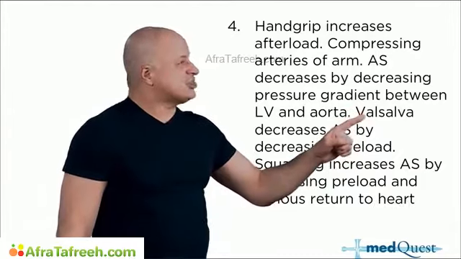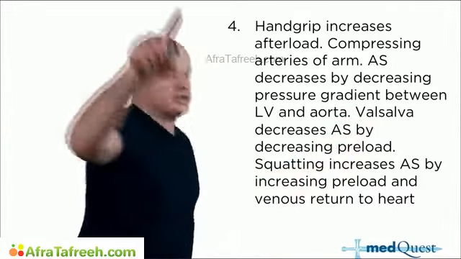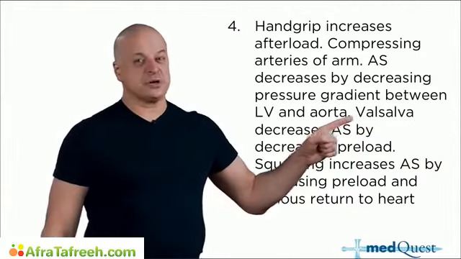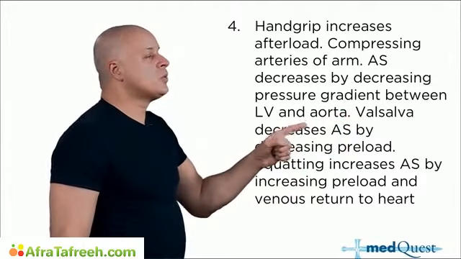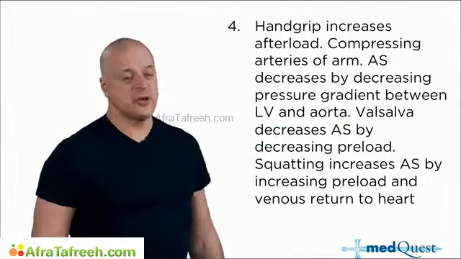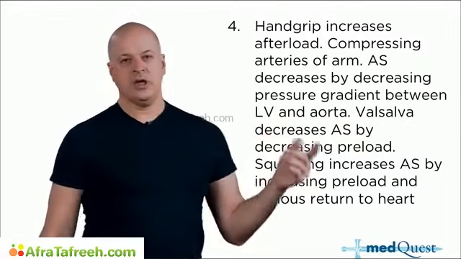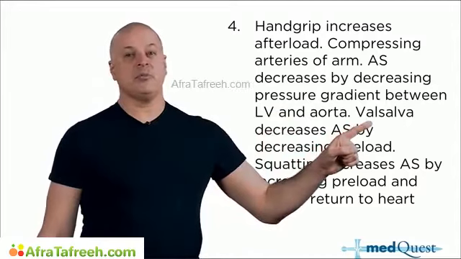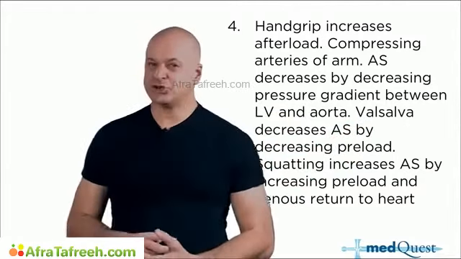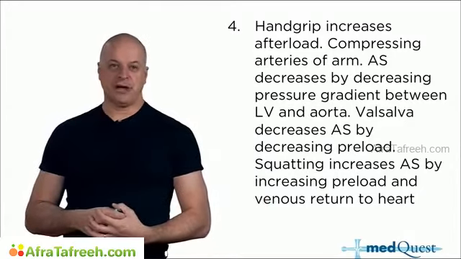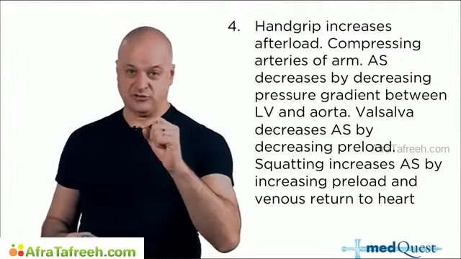Less blood in the heart, less murmur, softer murmur. More blood, more murmur; less blood, less murmur. For everything, in fact, except mitral valve prolapse and HOCM, which do the opposite of all of those.